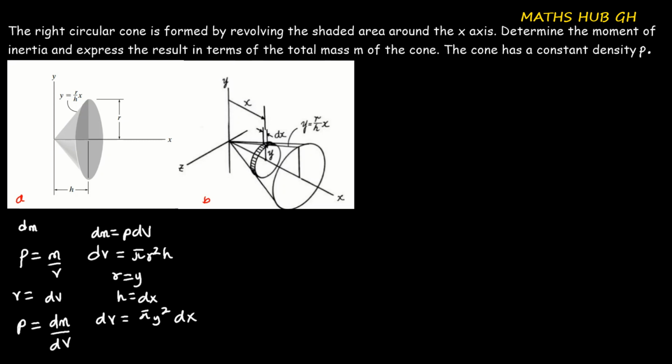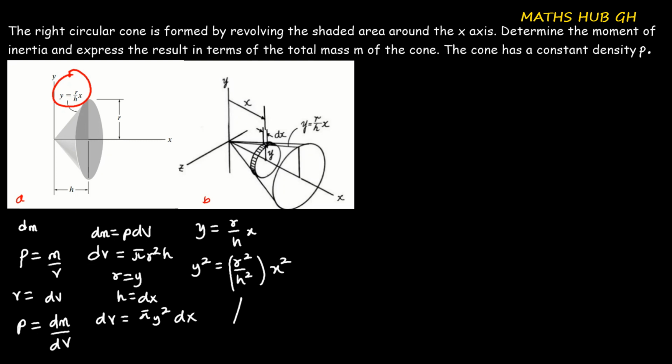But let's take note of something. You can see that from the question that was given, we have an expression for y, which is this expression. So you can substitute that into the volume expression that we just generated. We have y equal to r over h multiplying x. That means y squared will be equal to r squared over h squared, let me put this in brackets, multiplying x squared.